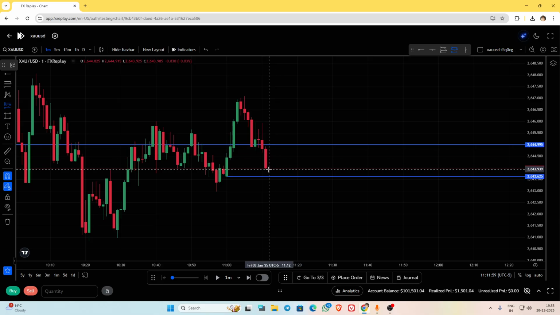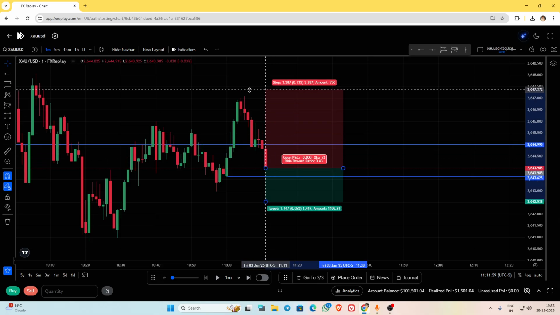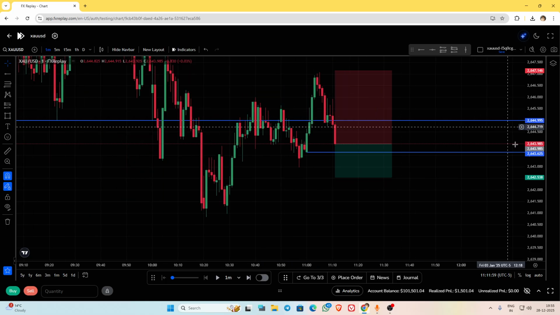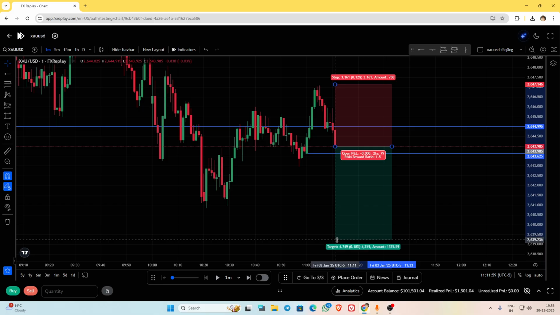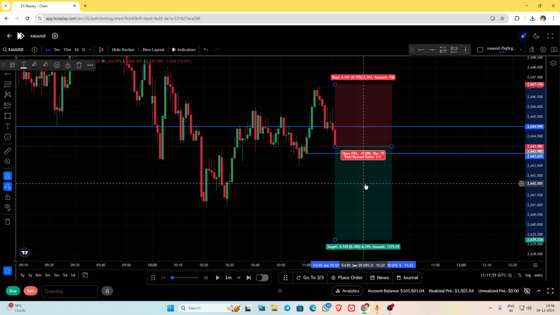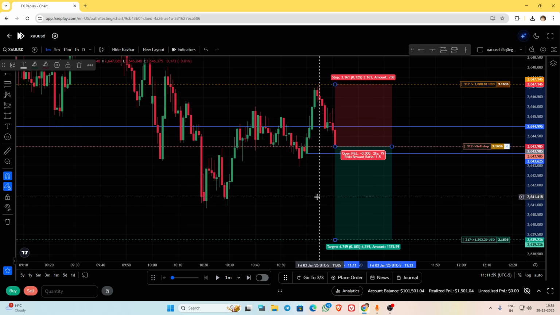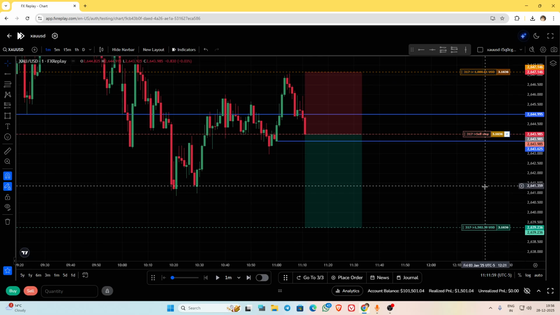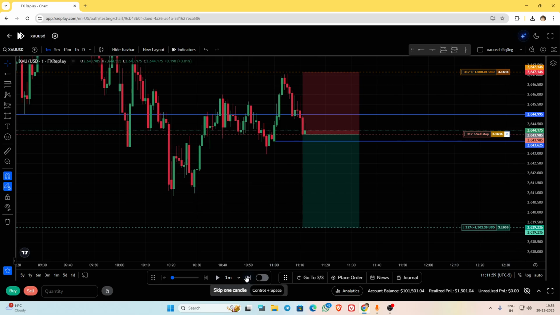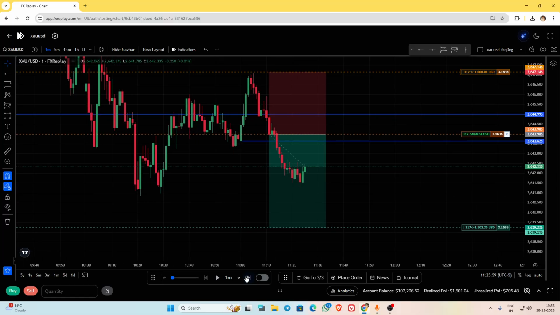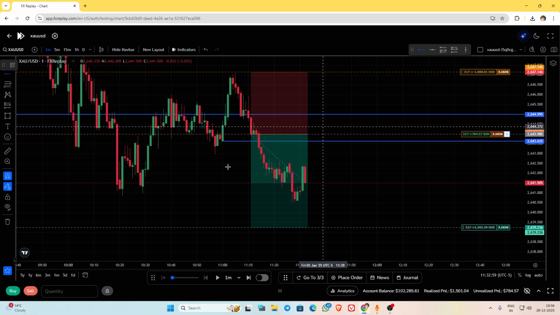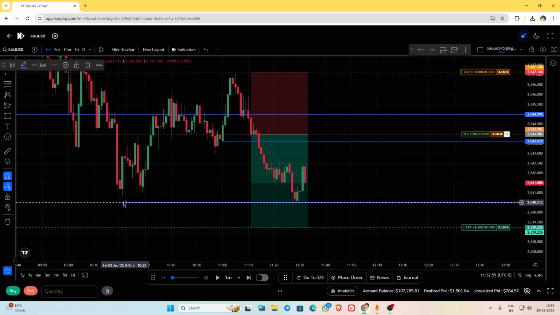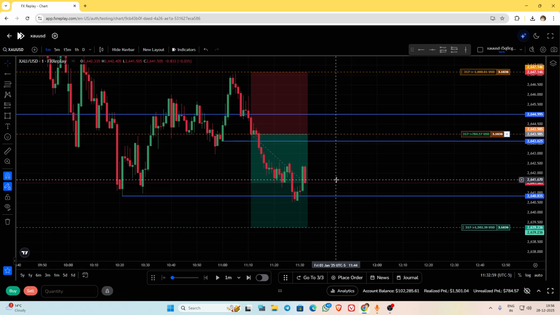So let's take this trade. Also, if you want, you can trade at this point also, but I am going to take this trade using the swing point change in state of delivery. Let's see if we will enter or not. Okay, so we are in, and you can see we have already taken out this point of interest, right?